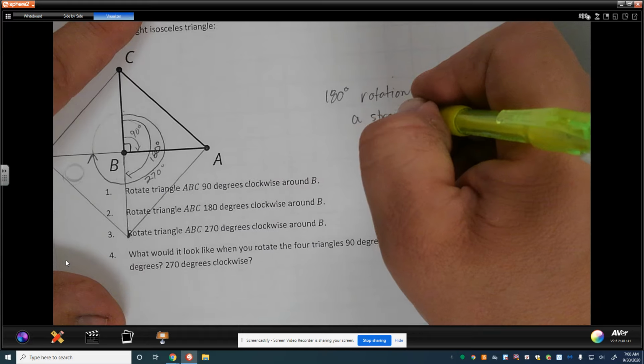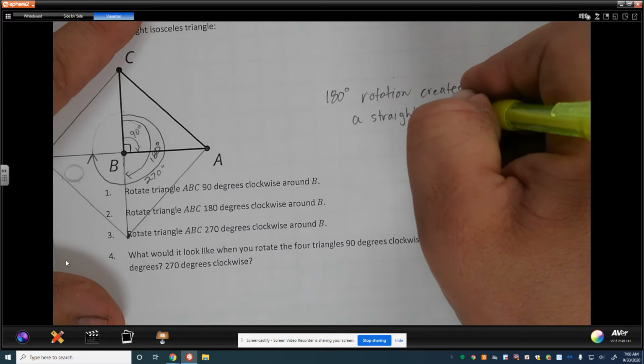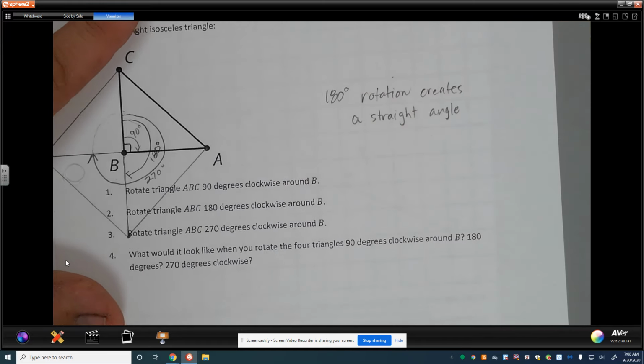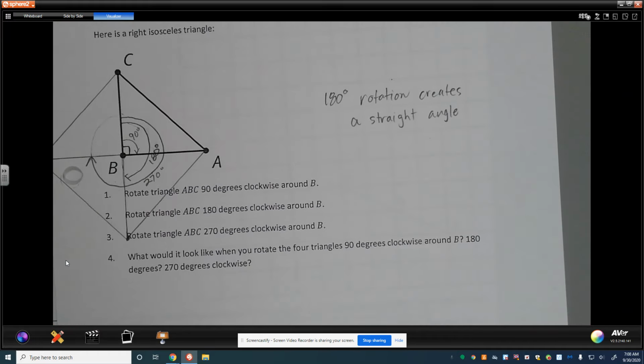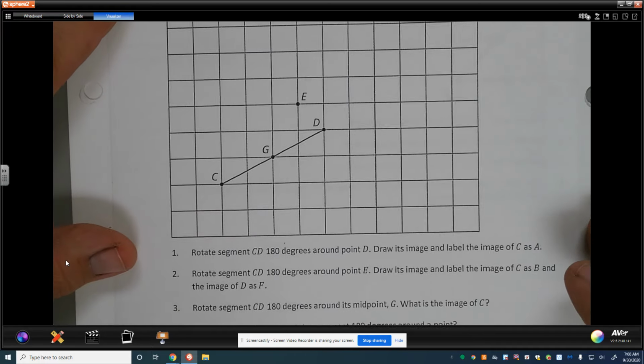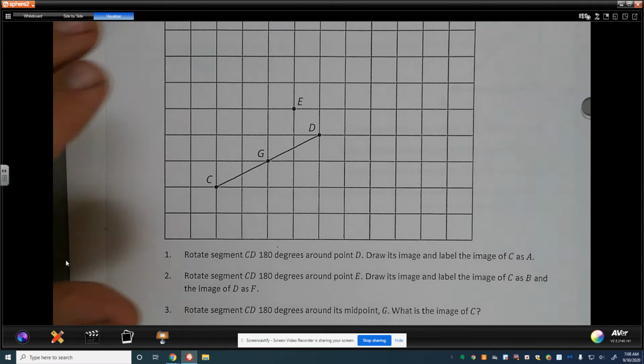When I say straight angle, I'm talking about a straight segment or a straight line that has a vertex where everything is rotating around to create a straight line. So straight angle means a 180 degree angle.